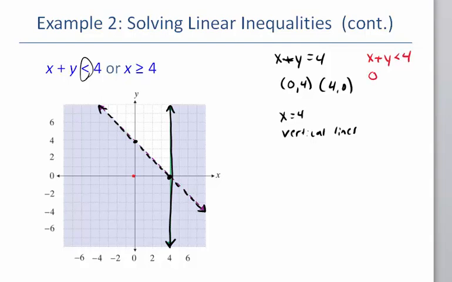We're going to plug a 0 in for x and a 0 in for y and look at the statement that we get. So our test value gives us the statement 0 is less than 4, which we know is true. Therefore, this solution set contains 0, 0 and is actually every point on that side of the equation. So I can go ahead then and shade everything to the left of my dotted line.